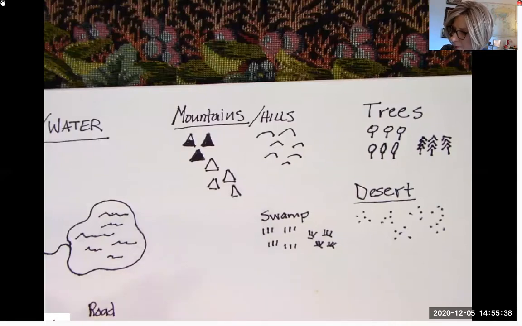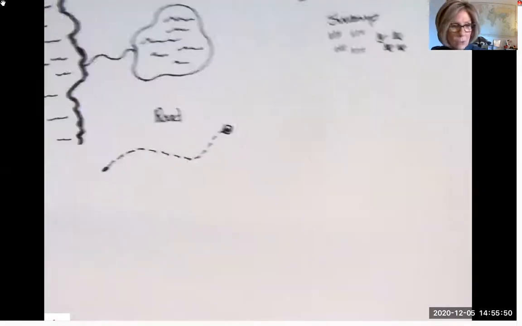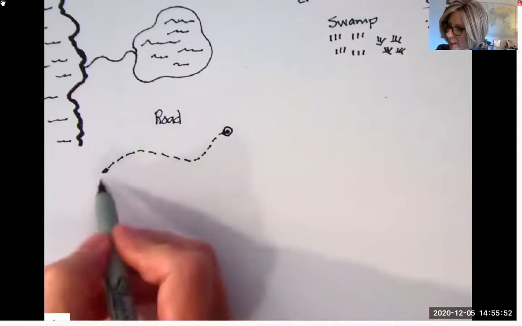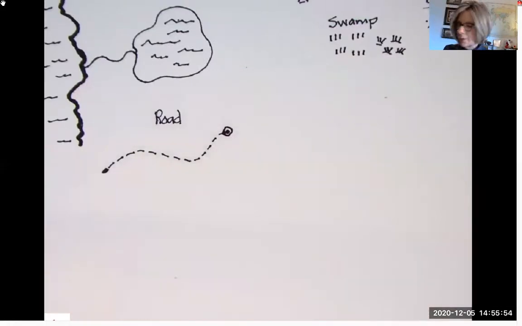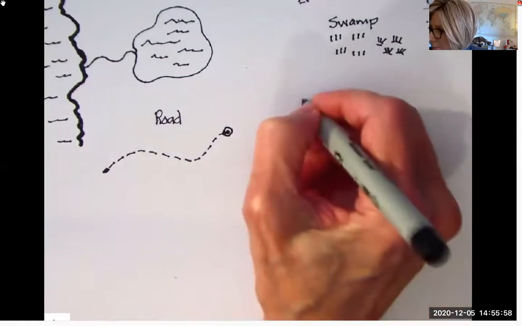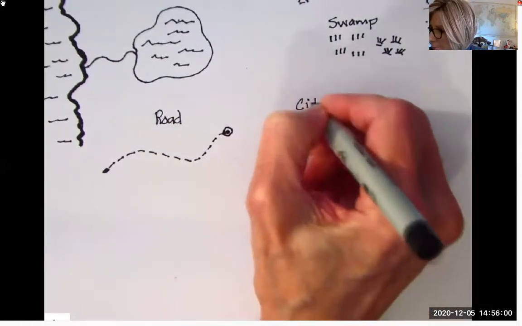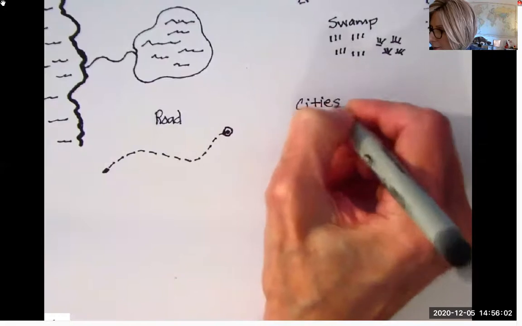And it will go from city to city. So that brings up that we have different kinds of cities. So you saw one dark dot here and a dot with a bigger line there. So cities can look like this.